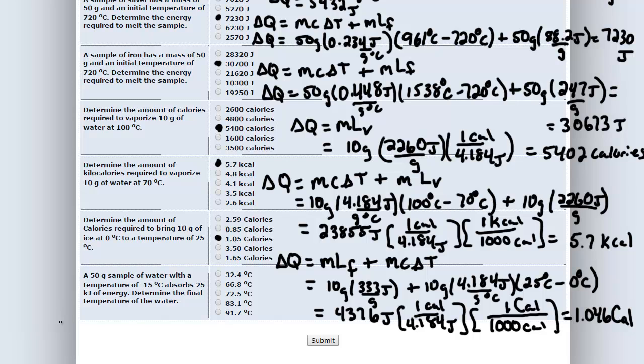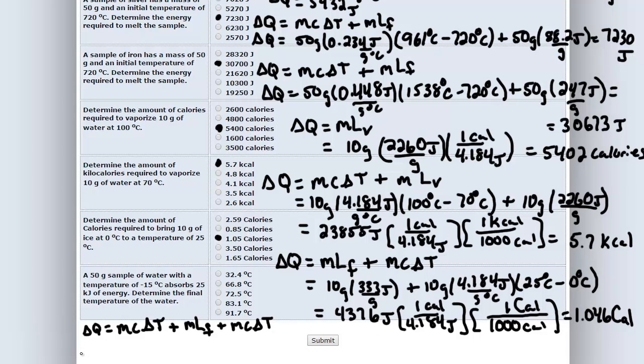Then we're going to melt the ice, and then we're going to raise the temperature further to see what the final temperature will be. So we have ΔQ equal to mcΔT, which gets us up to the melting point. Then we add the latent heat of fusion in order to melt the ice. Then we raise the temperature a little bit more, and we're solving for the final temperature.